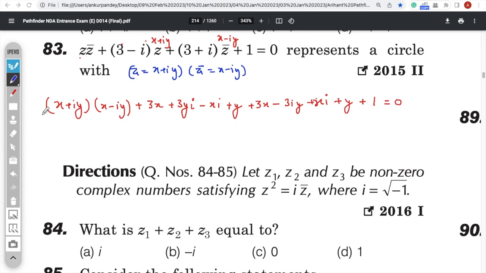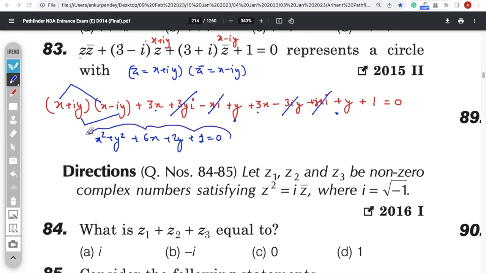Okay, dear? So, see. X square, a plus b into a minus b is a square minus b square, no? Plus 3yx xi, 3x, 6x, y, 2y, plus 1 equal to 0.